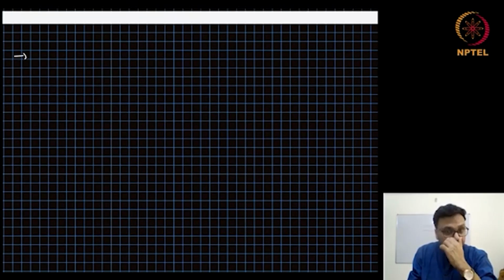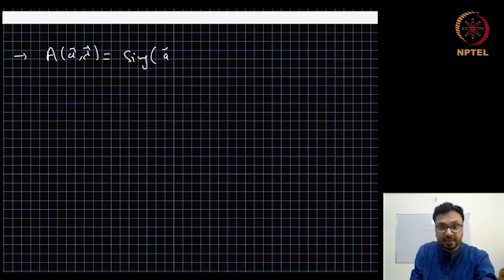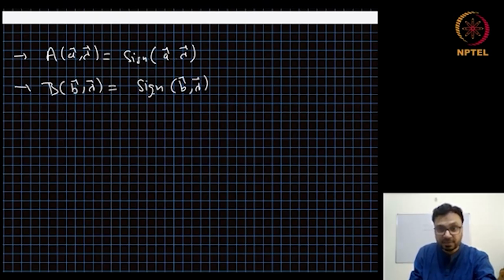As we did earlier, the measurement A is given by sign of A dot lambda. Similarly, measurement of B is given by sign of B dot lambda.